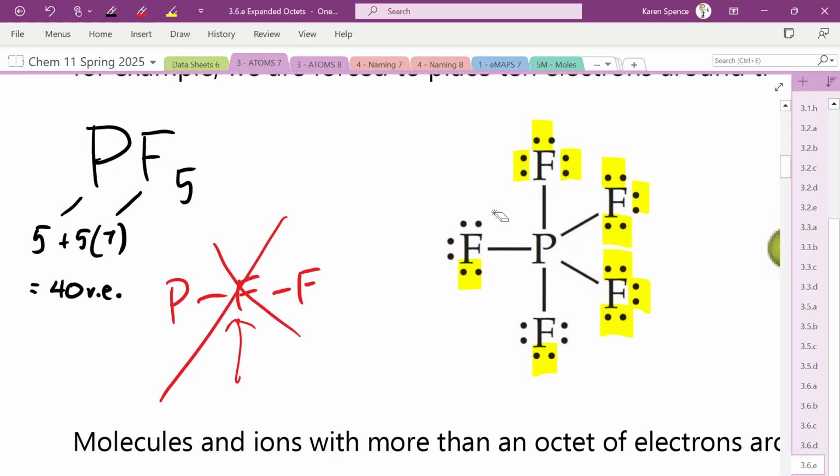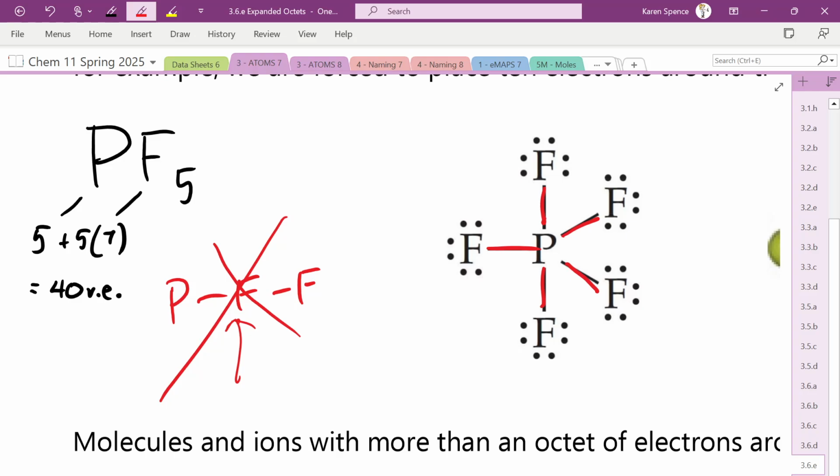The only one that's kind of weird here is the P. And you say, well, P has 2, 4, 6, 8, 10. And normally that would be bad. But because phosphorus is in the middle and because it is in row 3 or lower, we can do that. We are allowed to do it.